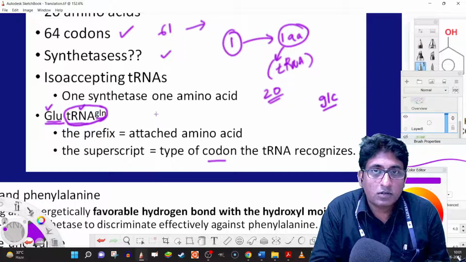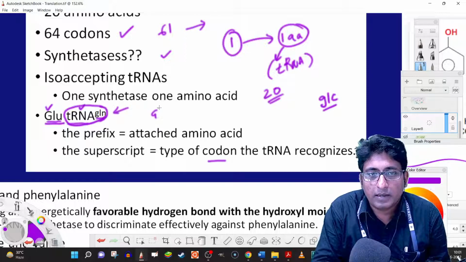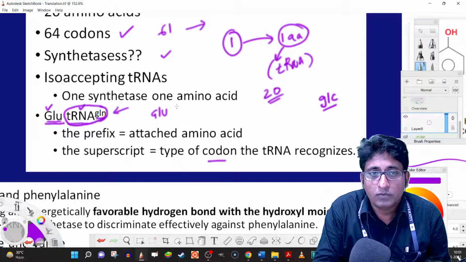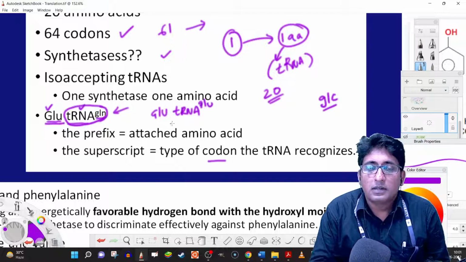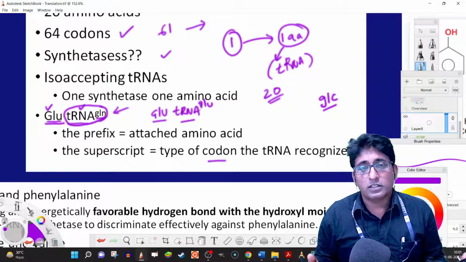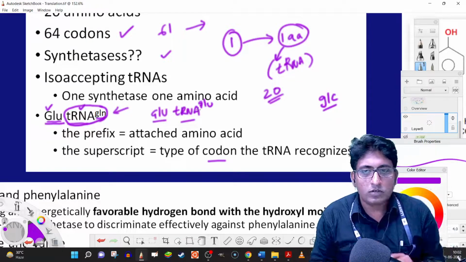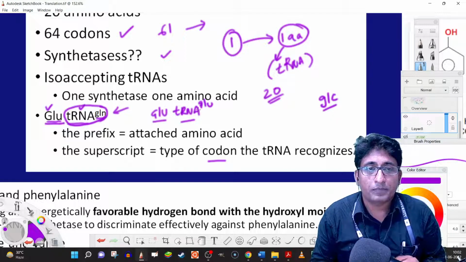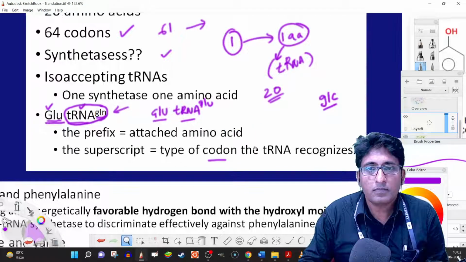So it sounds wrong, right? That we would preferably have the GLU, tRNA, and GLU, which would mean that glutamic acid is added to a tRNA that would recognize the codon for glutamic acid. That makes sense. Here we are going to have a little bit of a contradiction, and then we'll see how it happens.